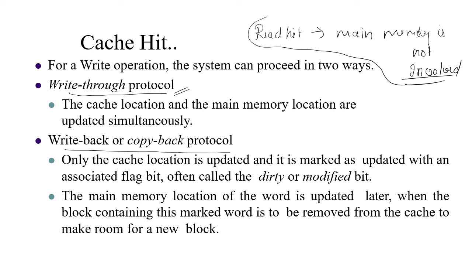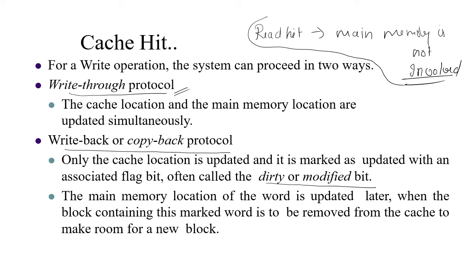Whereas in case of write back or copy back protocol, only the cache location is updated and it is marked as updated with an associated flag bit, often called the dirty or modified bit. So here, in case of write back or copy back protocol, the immediate result of the processor is updated only in the cache memory.